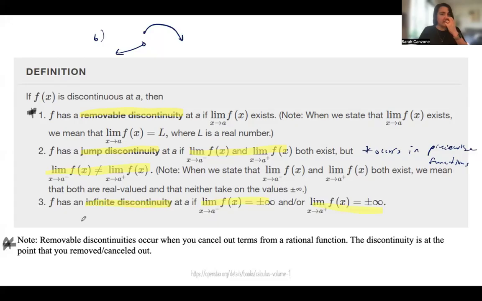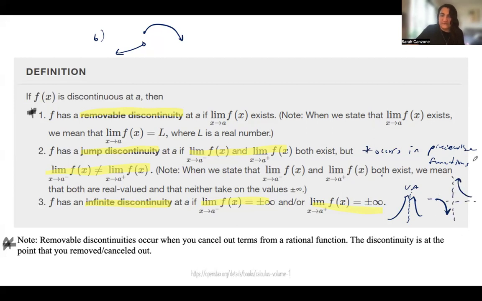It will have an infinite discontinuity at that point, even if they're going to the same infinity, because you're not going to have any specific point at that spot. So you can see something like this, where they both go to the same point, and there's our vertical asymptote. I'll abbreviate it VA. Or you can see something like maybe one goes down, one goes up, and again, there's a vertical asymptote.